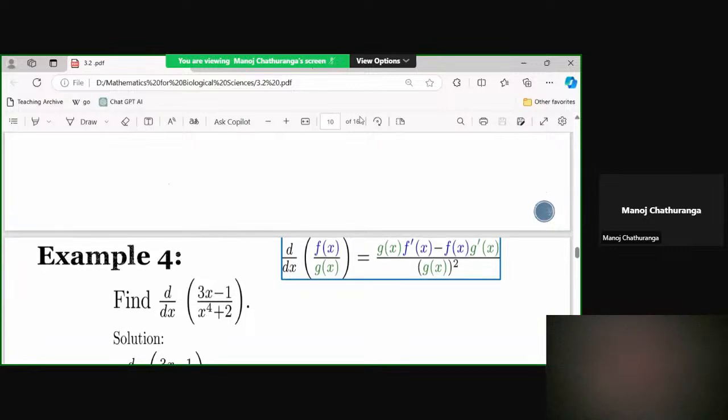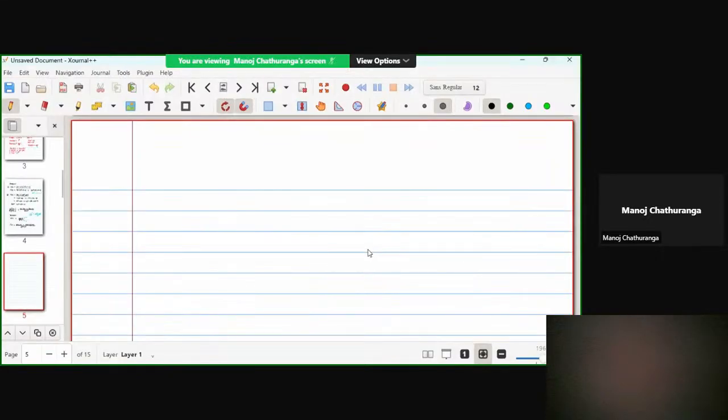3x minus 1 divided by x to the fourth power plus 2. All right, a lot of people got the correct answer.